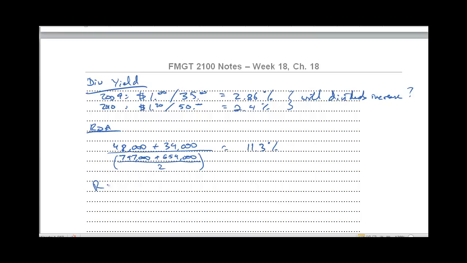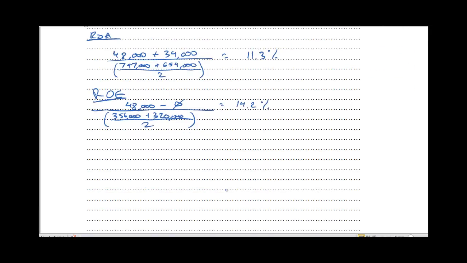So we're looking at $48,000 worth of net income, no preferred dividends, divided by the average common shareholders' equity, $356,000 plus $320,000 divided by 2. And that works out to 14.2%. Is that good? Who knows, right? We need to compare it to something, and we don't know.